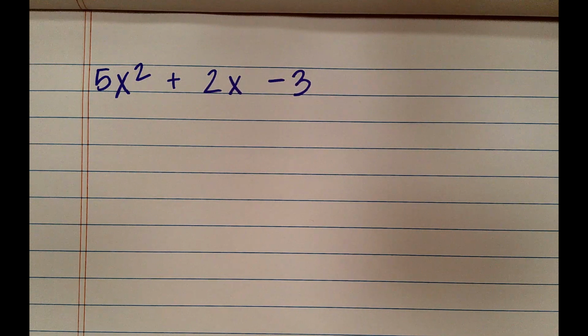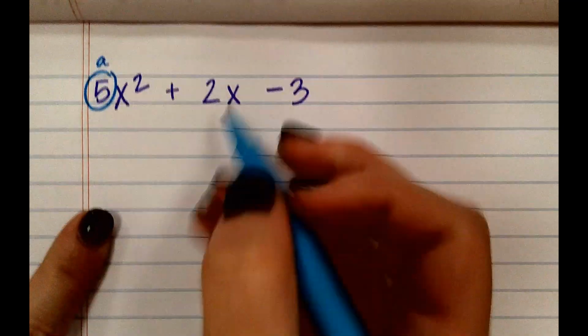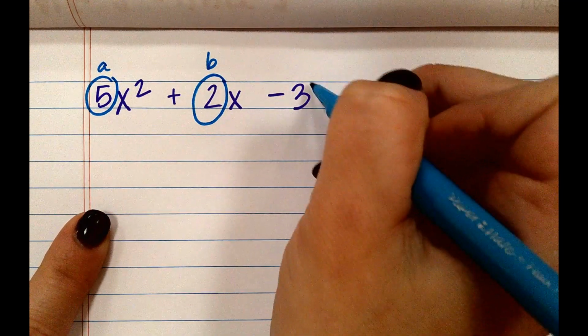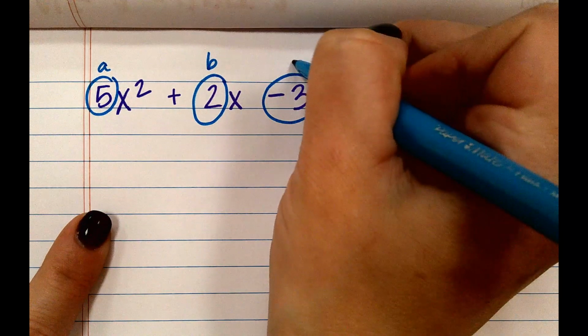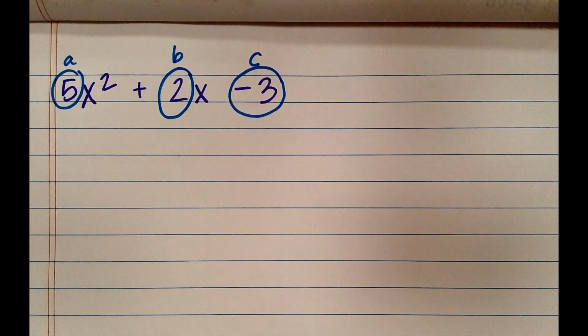What should I do very first? Yes, no, you're okay. Identify A, B, and C. So 5 is A, 2 is B, and negative, good catch, negative 3 is C. Okay, now, what's the discriminant formula?